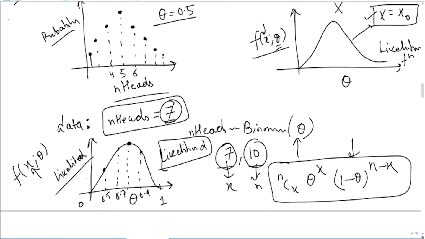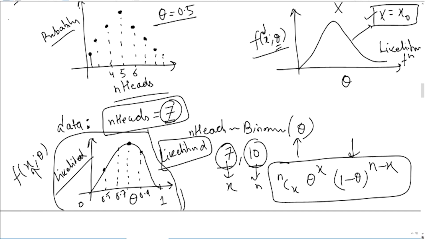But the important point here is: what is this likelihood function telling you, and why are we drawing it, why is it important? The reason is that after seeing the data, we are drawing a graph of how likely each value of theta is to generate this data.